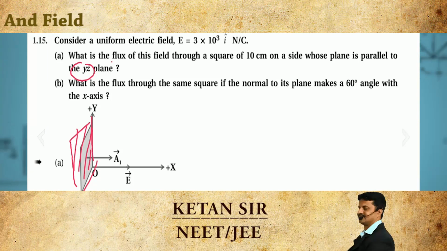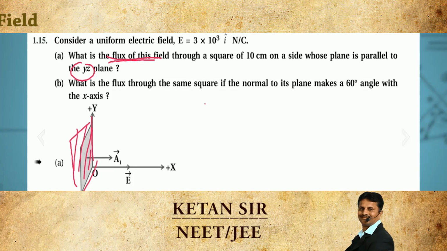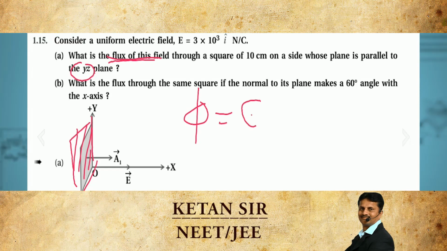If we want to calculate the value of flux, then flux phi is equal to E vector dot A vector.